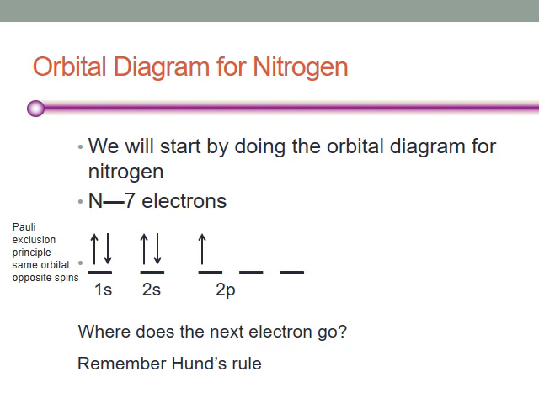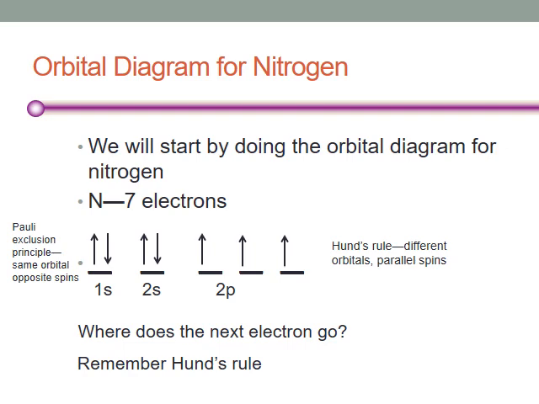The 2p orbitals are equal in energy. So rather than double up and have opposite spins, our last 2 electrons will have parallel spins, but will be in the different p orbitals. This is Hund's rule. We have different orbitals, parallel spins. Of course, this means that the p orbitals are all the same energy.